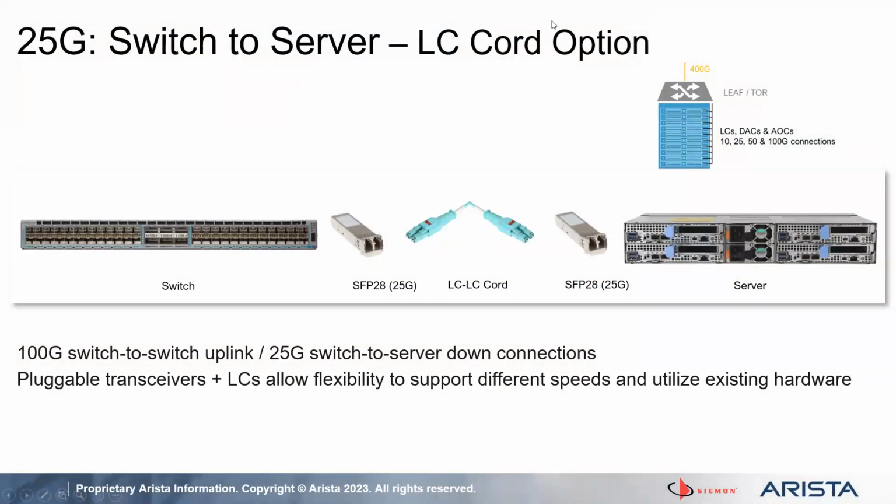What I'm showing here is a 25 gig switch to server. You've got one of the Arista switches that Siemon showed at 100 gig up, 25 gig down, and standard SFP28 transceivers going into my server side as well. I could be using a standard cord if it's top of rack, or if it's end of row, you might have patching as well.